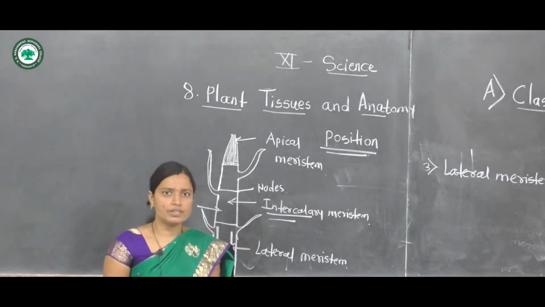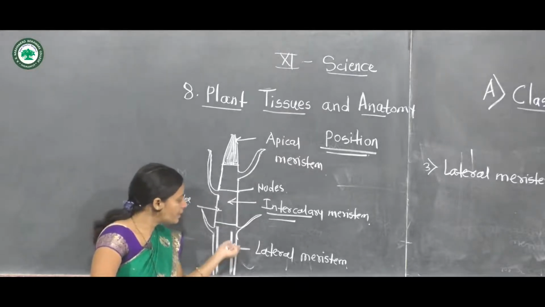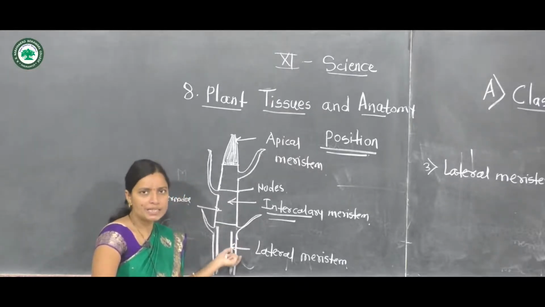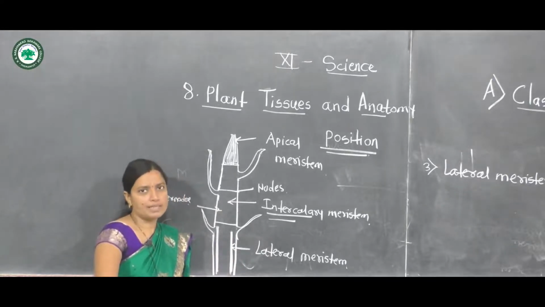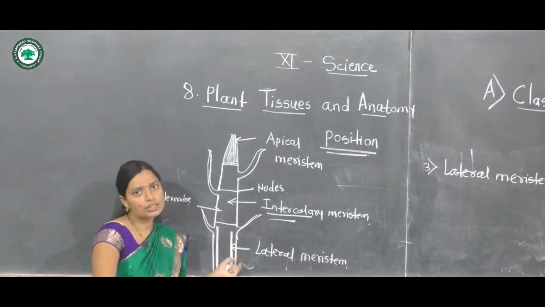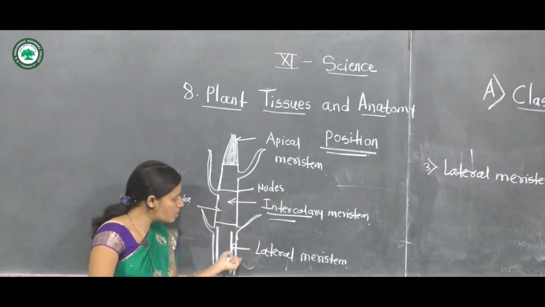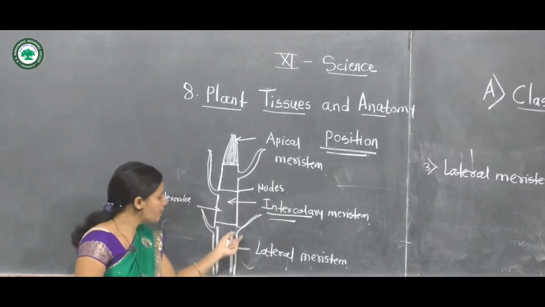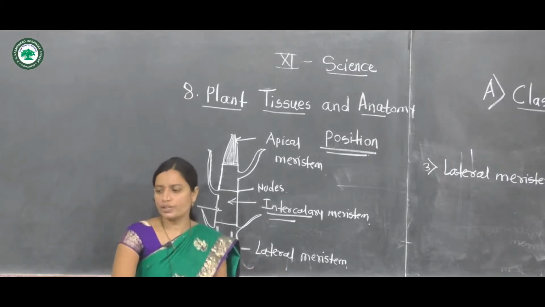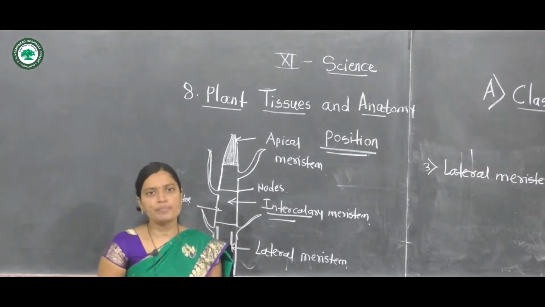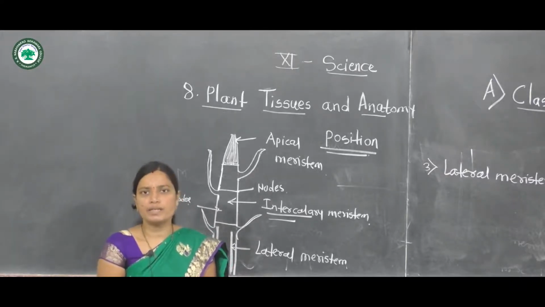This region is also very important because the cork cambium cells are present here, and the lateral meristem forms the bark of the stem or root region. It has a protective function. This is the most important function for protection. The cambium of the stem and root is where the lateral meristem is found.